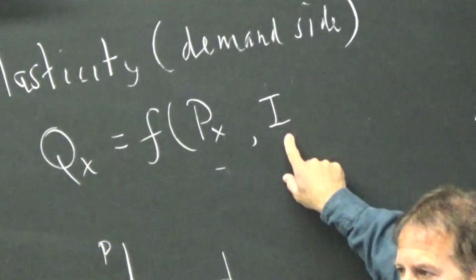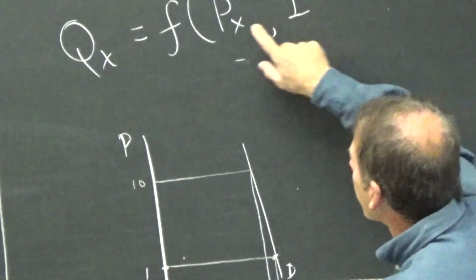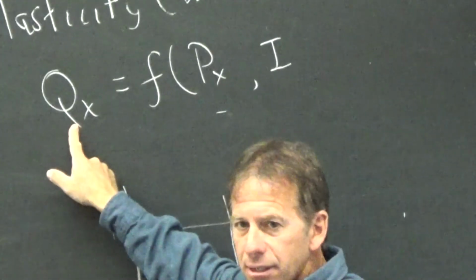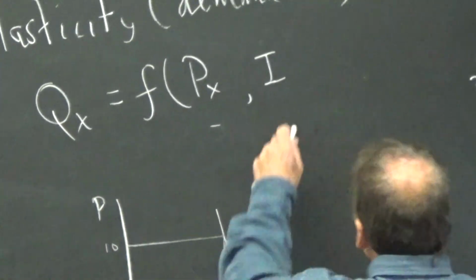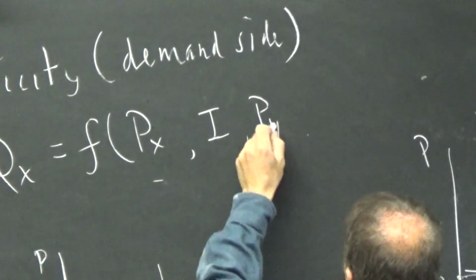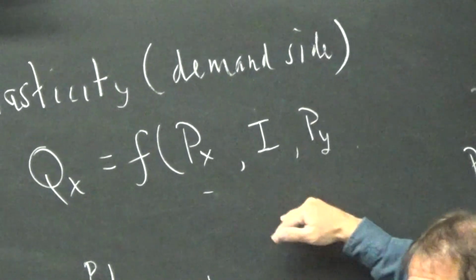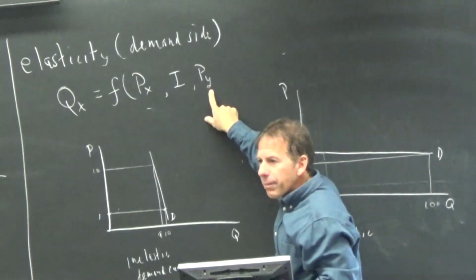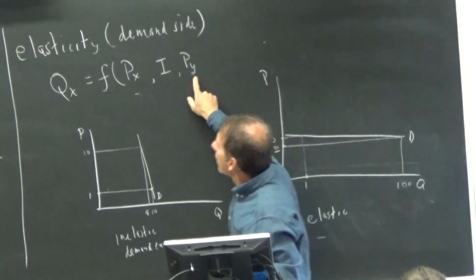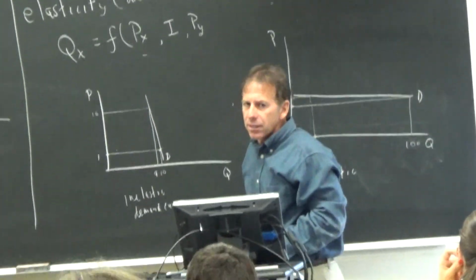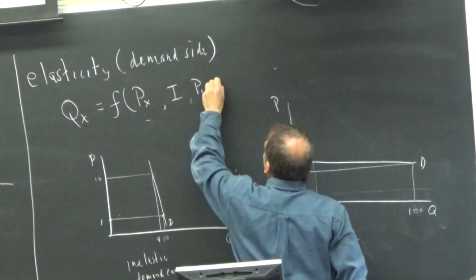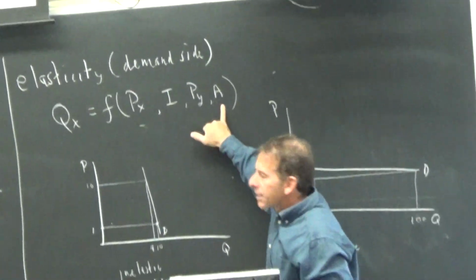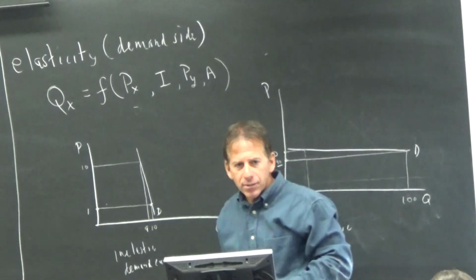Income elasticity is just, you hold the price constant, you change the income, and you see how that impacts the demand. And then we're going to do this other one called the cross price elasticity, which is PY. I'll go over these next class. They're also in your notes. And the PY would be changing the price of another good and seeing how that impacts the quantity. And we'll even maybe do the last one, which is advertising. We'll change advertising and see how that impacts the demand.